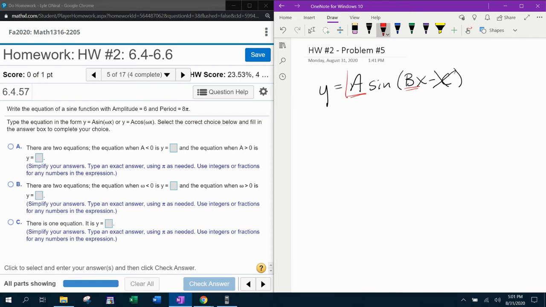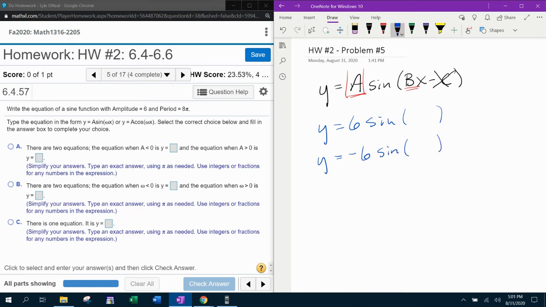Well, the absolute value of a is the amplitude. And they specified that the amplitude needs to be 6. Now, what that means is that I can have 6 sine of some angle, or I could have negative 6 sine of some angle.